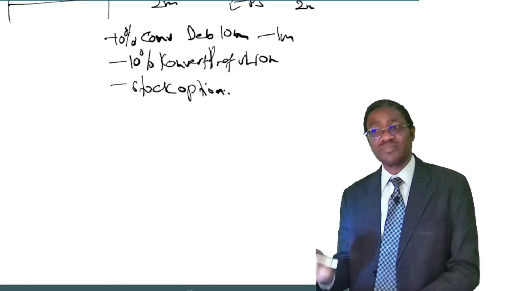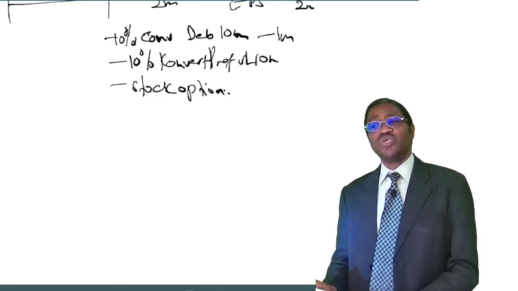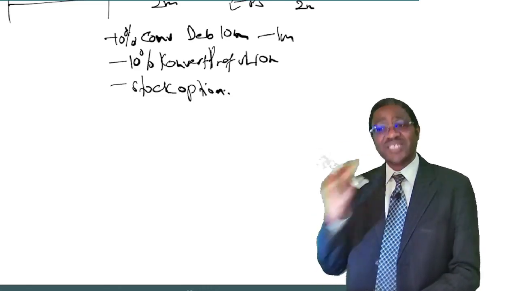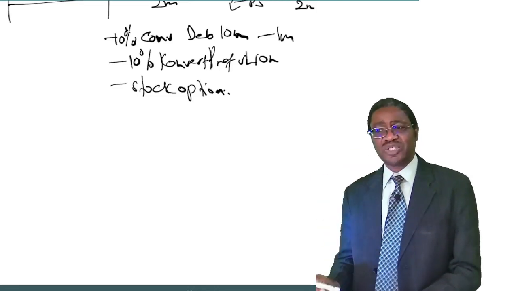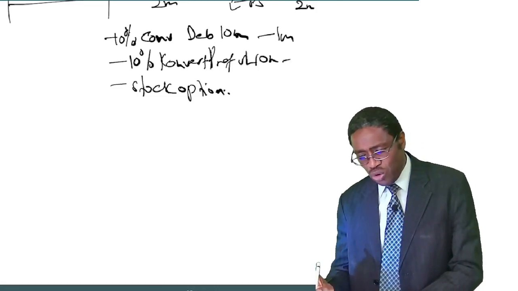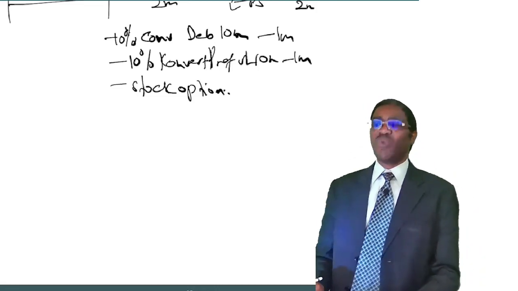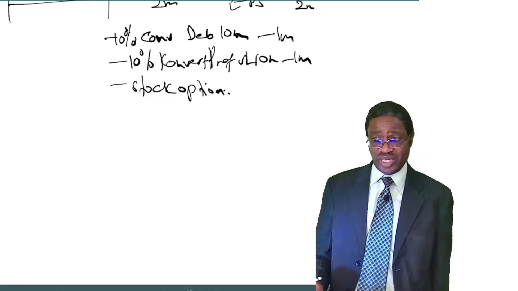At the same time, by the end of the year, you had a 10% convertible preference. You agreed with the preference shareholders when issuing the preference shares many years ago that if they want to convert, you will give them 1 million ordinary shares.